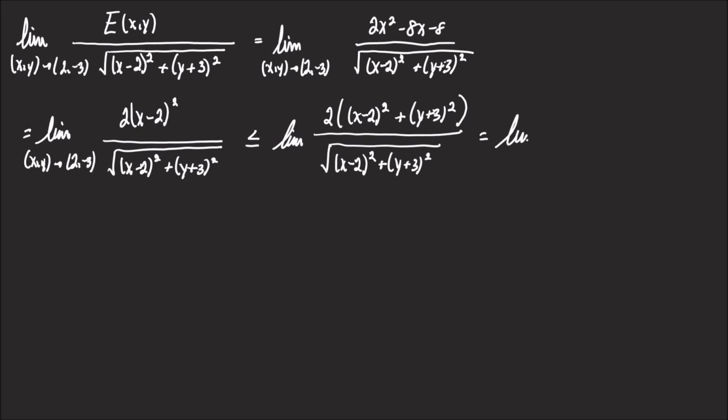And this will equal the limit of just simply 2 times the square root of (x minus 2) squared plus (y plus 3) squared. Here we said this is less than or equal to because I'm adding a positive term. No matter what value y takes on, it's being squared, so it's always positive. Now this has to equal 0. If you plug in these points, that limit is 0.